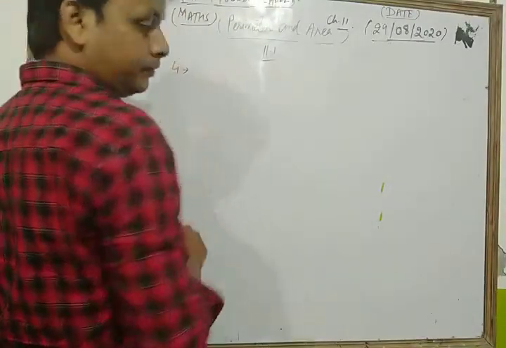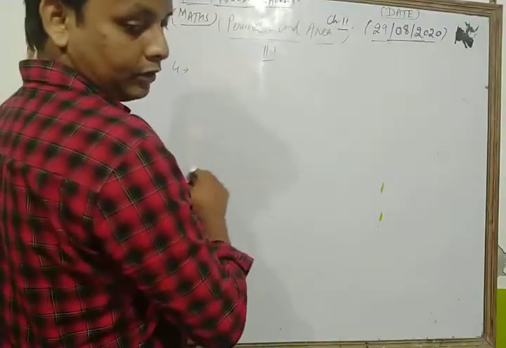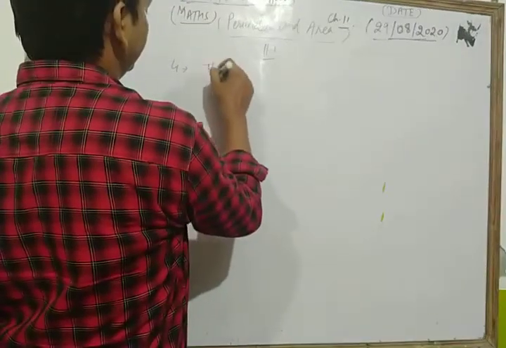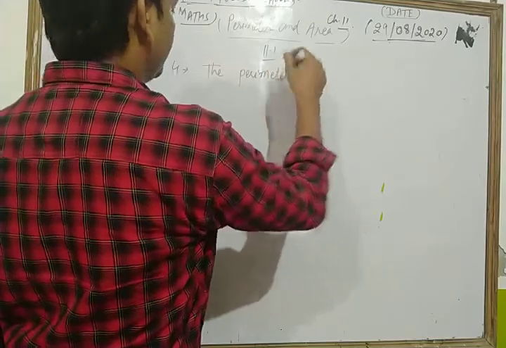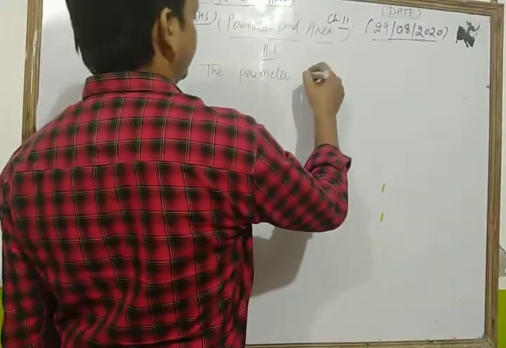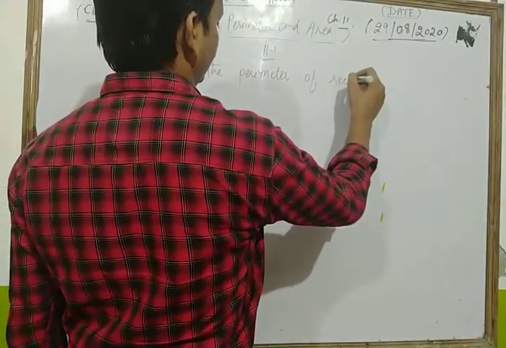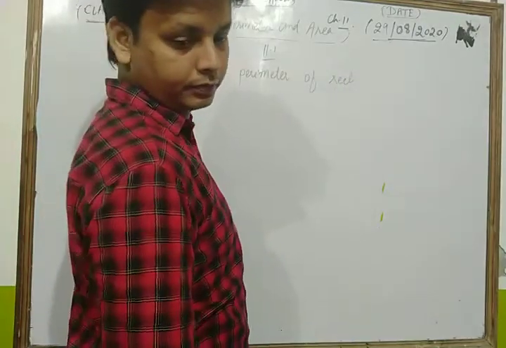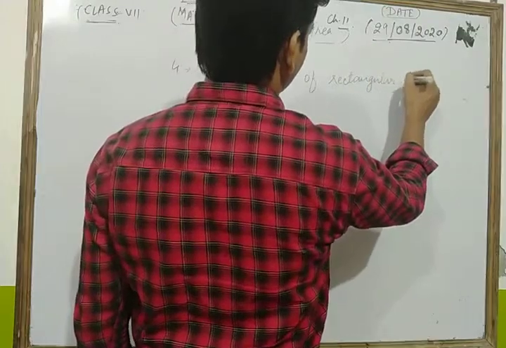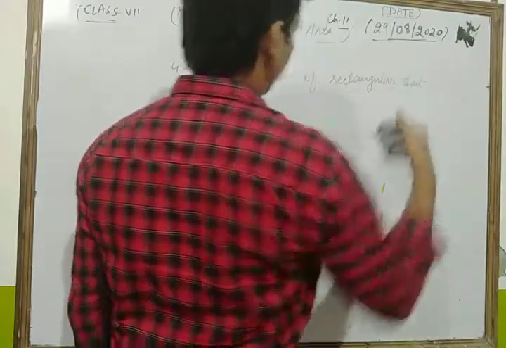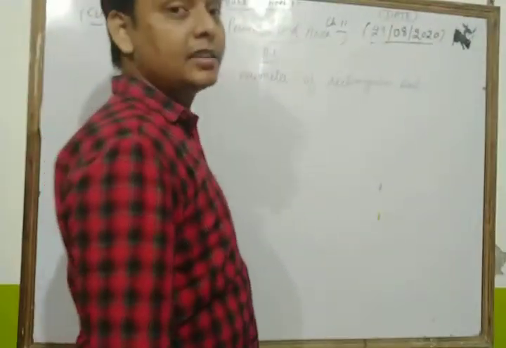Let us discuss question number 4, which is: the perimeter of a rectangular sheet is 100 centimeter.